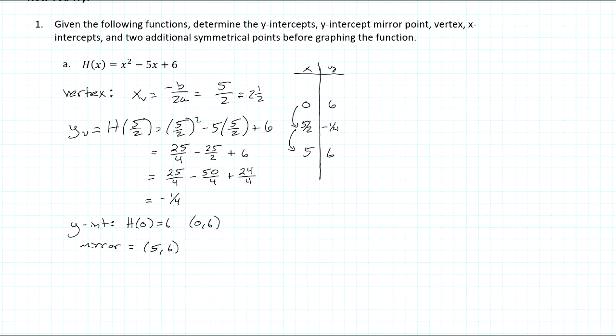I can start graphing at this point. This is where I usually like to start graphing things out. I'm going to have the y-axis more to the left, so I have more room to the right, since I see these x values so far are all positive. It looks like the lowest y value is going to be at that vertex of negative 1/4, so I can start my x-axis down pretty low.